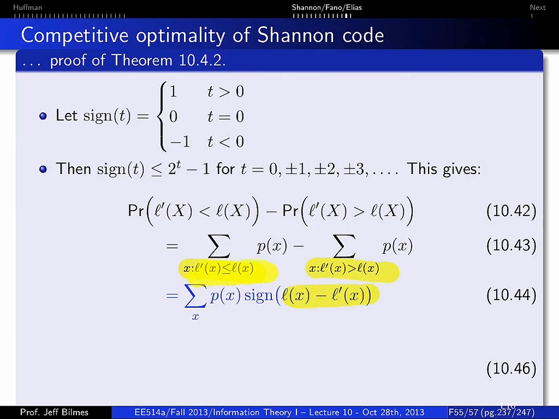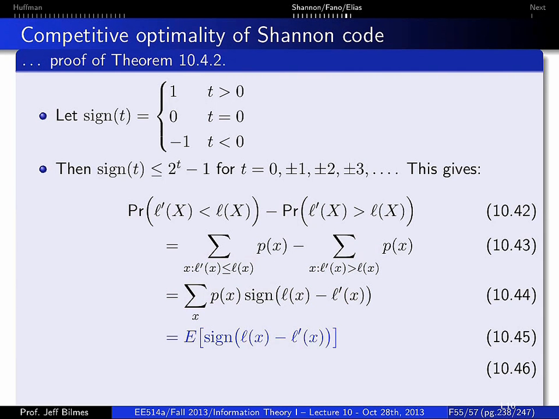This is exclusive with this, right? And so we can sum over all of them, and then the sign resolves the exclusivity, depending on whether L of x minus L of x prime is -1, 0, or 1.